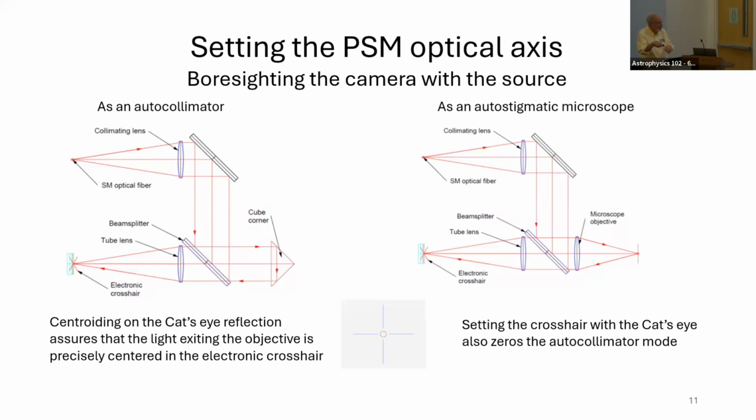The bright spot on the surface gets relayed back to here, but that bright spot is conjugate with this, so that's why you set the cross. And you can do that, at least with a 10x objective, and know you're centered to 2 or 3 tenths of a micron. So for the one on the left, what kind of range do we have there?